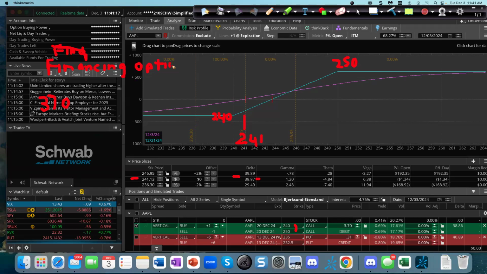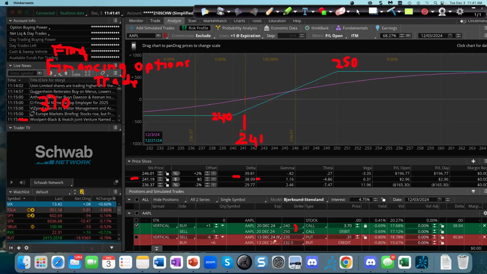So many people, this is prevalent out there, will say, look at this thing costs 370. It's a bullish trade. To finance this, I'm going to reduce some of my 370.